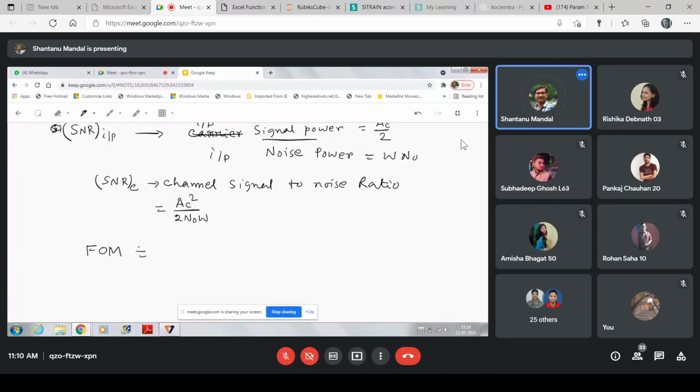So the figure of merit is equal to SNR output by SNR input.